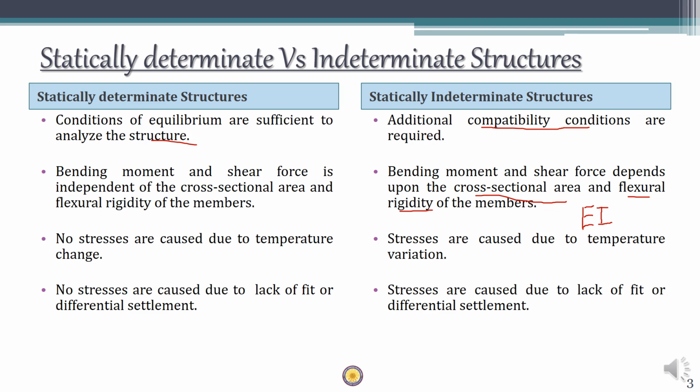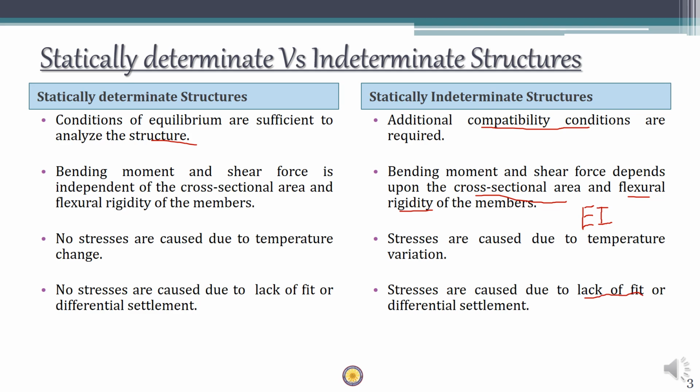Another major difference is that in indeterminate structures, temperature variation can cause temperature stresses. However, in determinate structures, temperature variation does not cause any thermal stresses. Another thing is the lack of fit problem. Whenever there is a lack of fit in indeterminate structures, it can induce additional stresses.